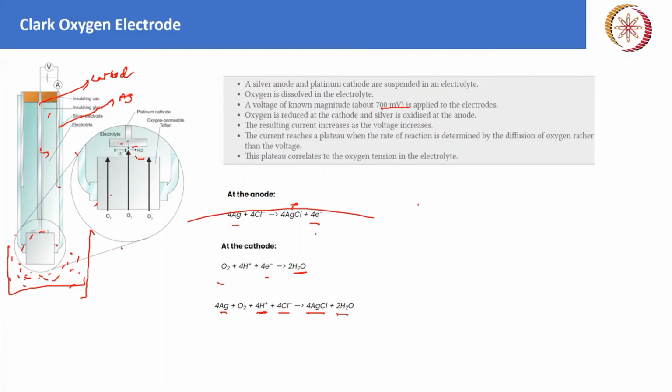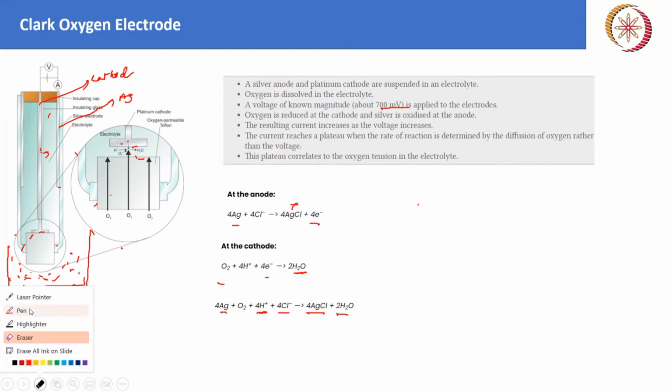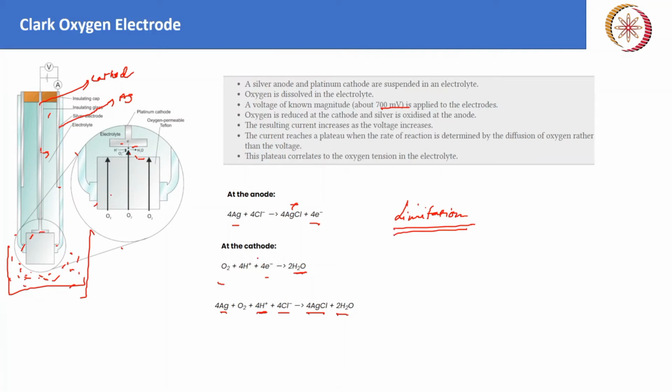So this oxygen diffusion is not a controlled process while it is going to the electrode surface.